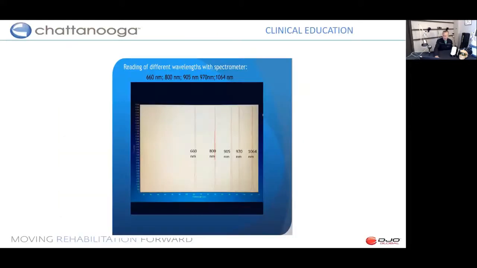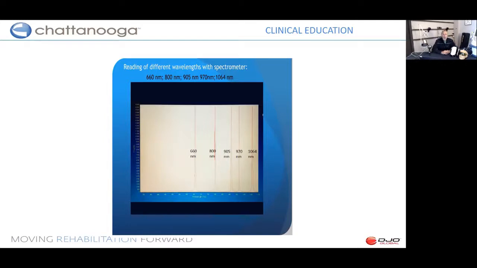And let me show you another depiction here. So this is using a spectrometer, right? So we're shooting it into some type of device that measures light concentration and energy. So we're looking across the gamut here from the 660 all the way up to the 1064. Remember, the 1064, I said, also has the largest amount of energy to it, right?